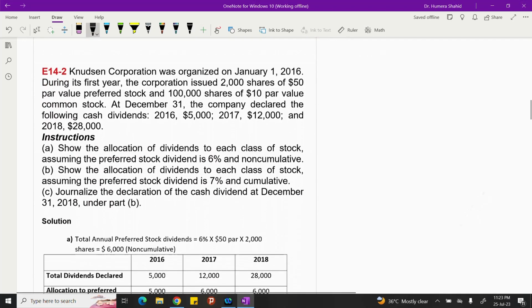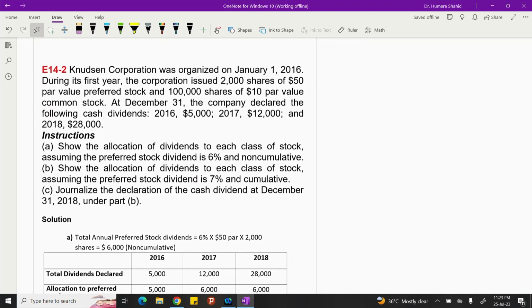Let's move on to exercise number 14-2. Goodson Corporation was organized on January 1st, 2016. During its first year, the corporation issued 2,000 shares of $50 par value preferred stock and 100,000 shares of $10 par value common stock. At December 31st, the company declared the following cash dividend.